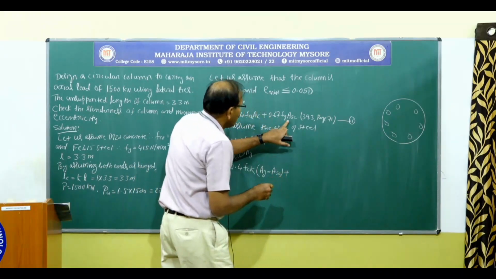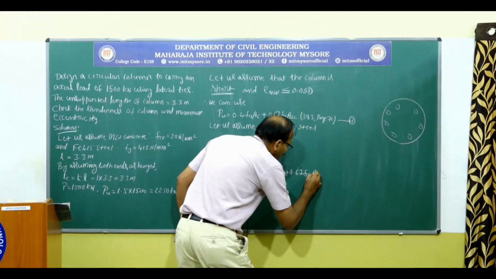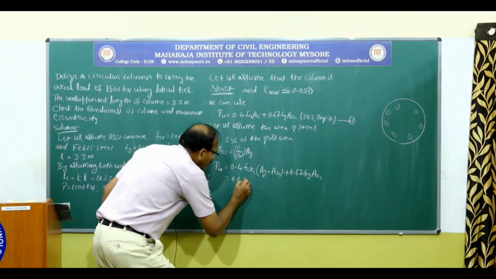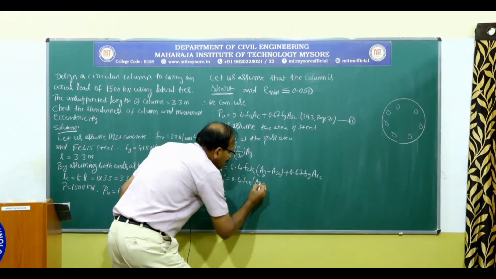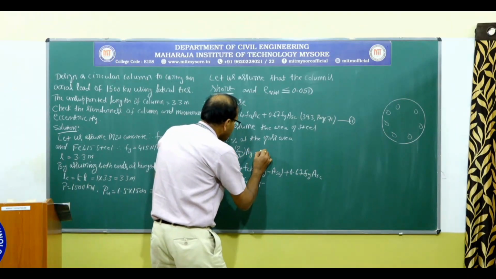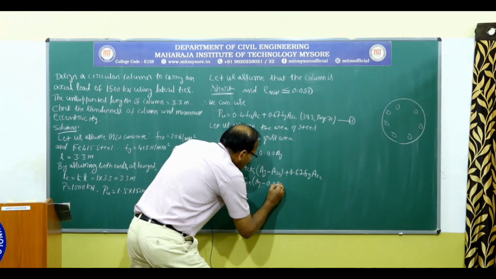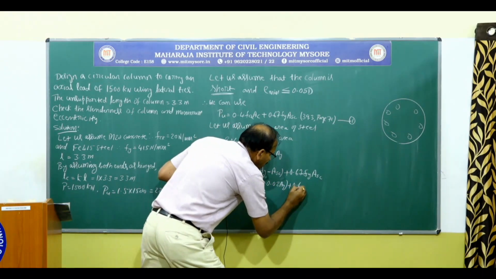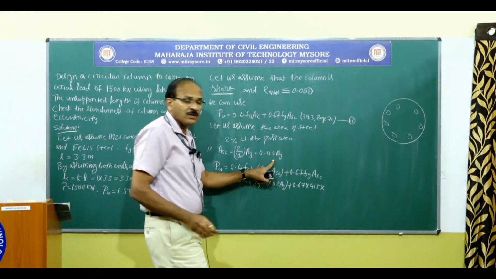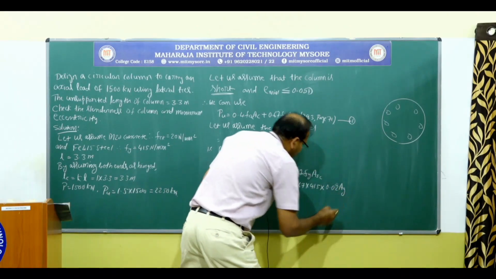So that's what I have written here. Plus, for this I am going to write as it is Asc, that is 0.4 fck Ag minus, for Asc I am going to substitute this value, that is 2% means 0.02 of Ag, plus 0.67 multiplied by 415. For Asc again I am going to substitute 0.02 Ag.